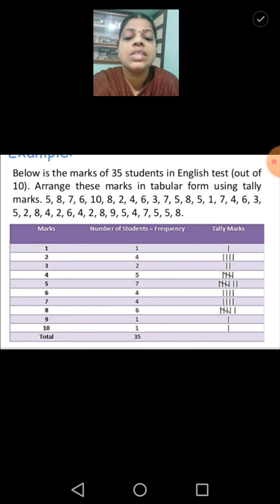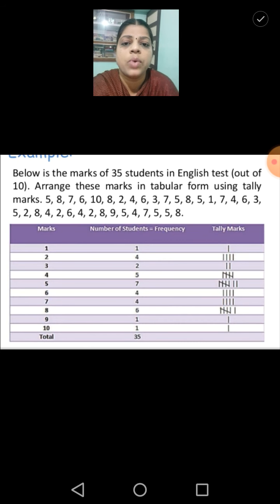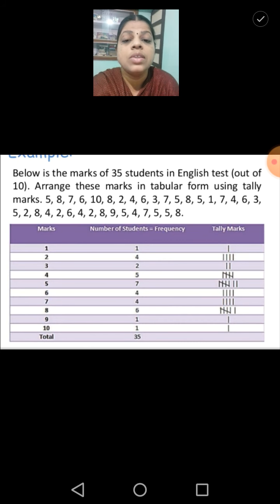Here we can see the value 1 repeats only 1 time, and the value 2 repeats 4 times in our raw data. Then the value 3 repeats how many times? 2 times. You can count and see in this data.